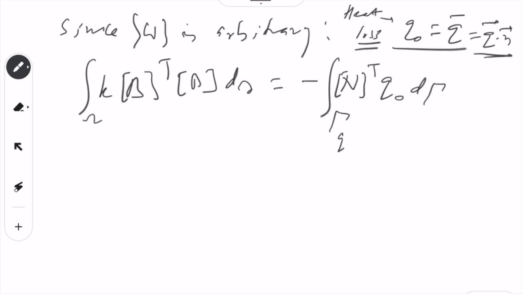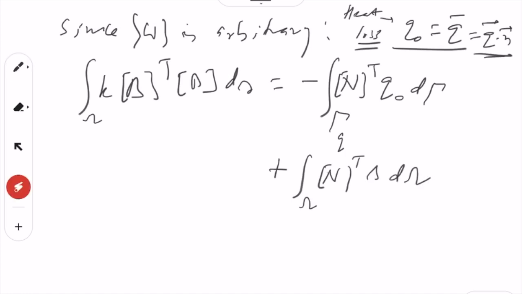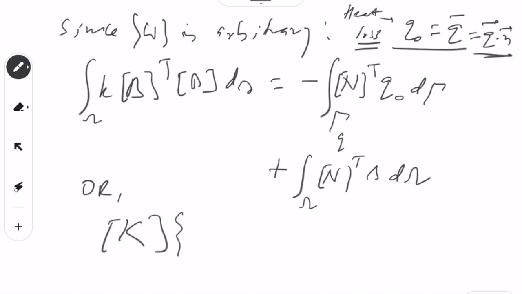plus, okay, so let's write, plus n t s d omega. Or we have to write T here, we forgot this.